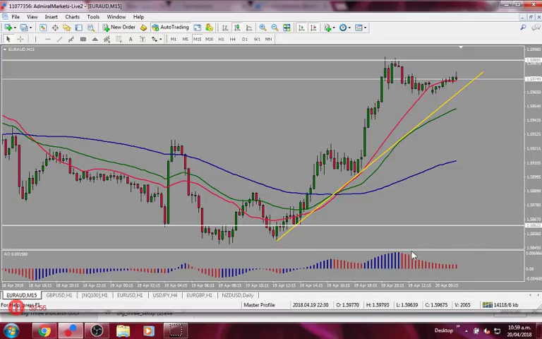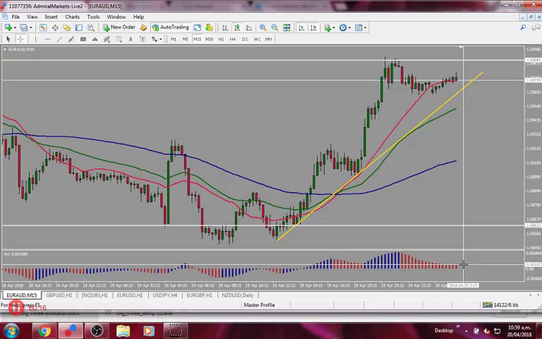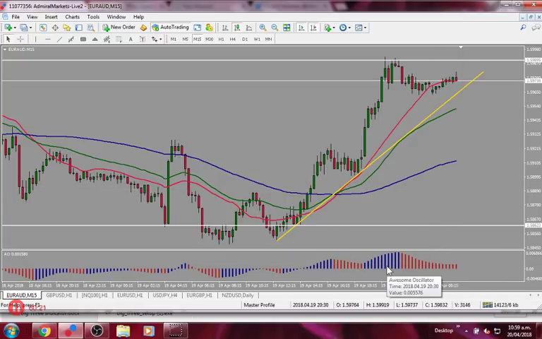Once that happens, you definitely don't want to jump in anymore. You want price to properly retrace, all the way down to the zero line and into the minus area. But that's much more advanced, so I won't clutter your mind with that too much.